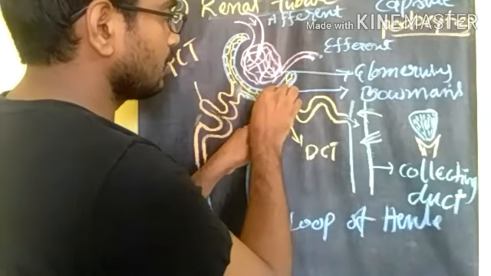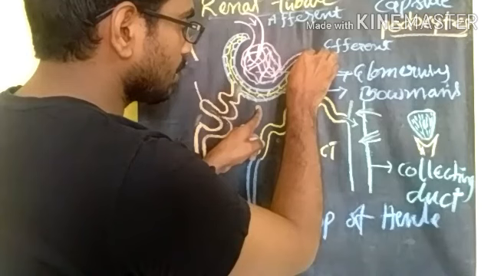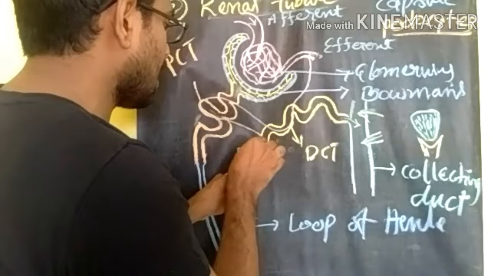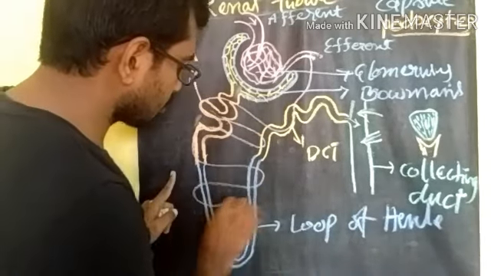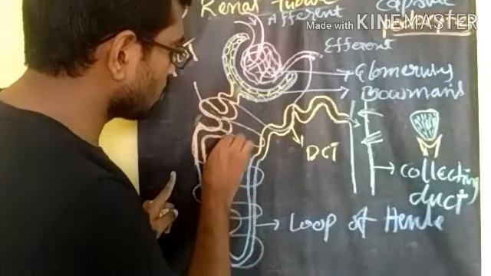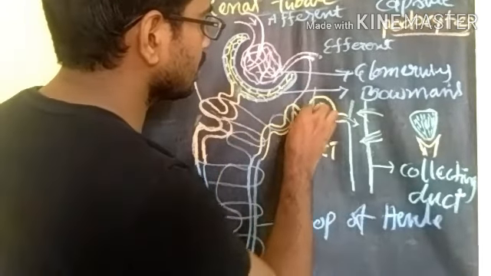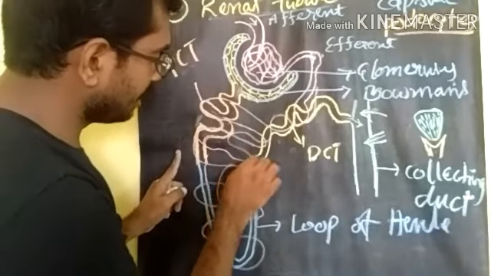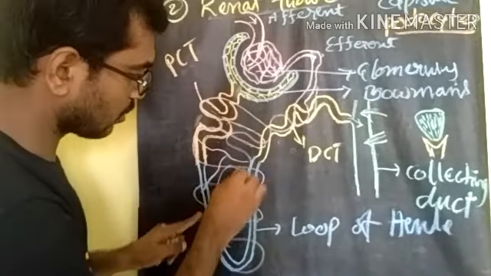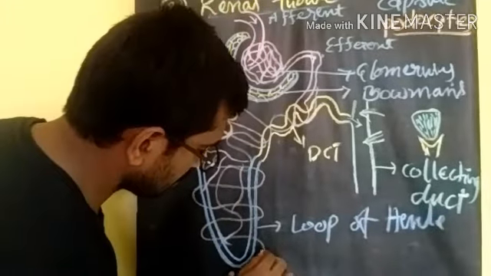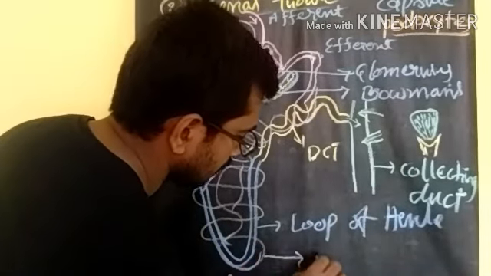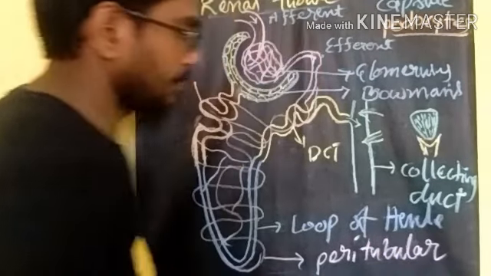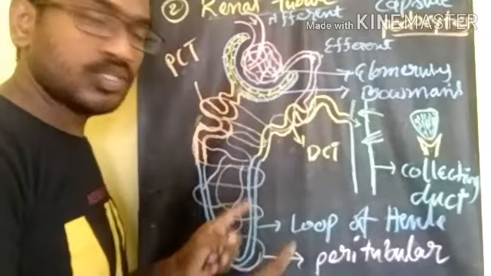After coming out from the Bowman's capsule, the efferent arteriole forms a network of capillaries around this tubular structure. This we call the peritubular network.